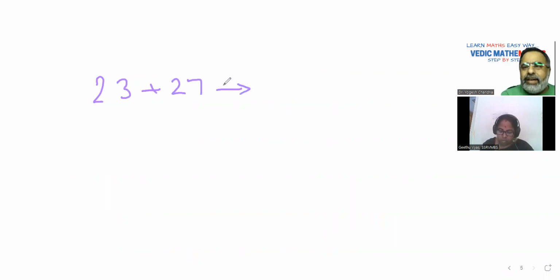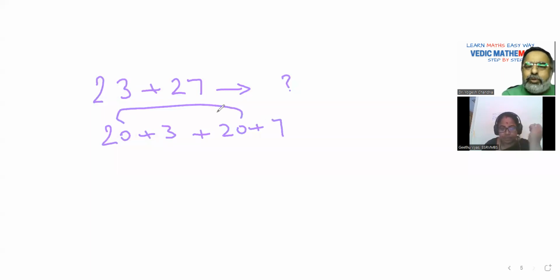Now, for example, I am given a number 23 plus 27. This is for mental calculations. Now, if somebody has to calculate this mentally, it becomes really difficult. But if we take it this way, 20 plus 3, and here it is 20 plus 7, you'll immediately add up 20 and 20 is 40. Now, whenever you have 0 at the unit place, it is very easy to add any number.